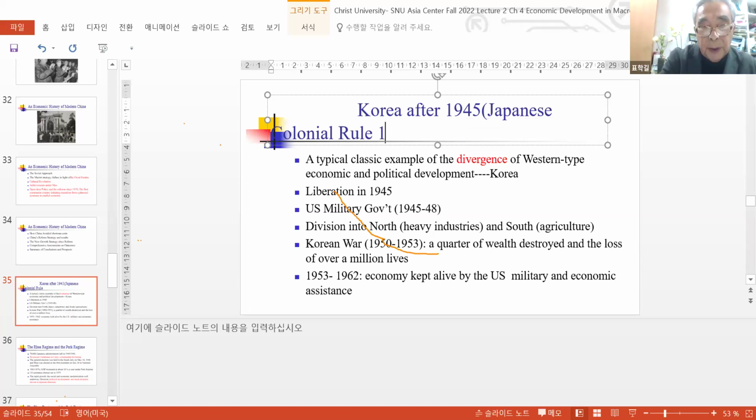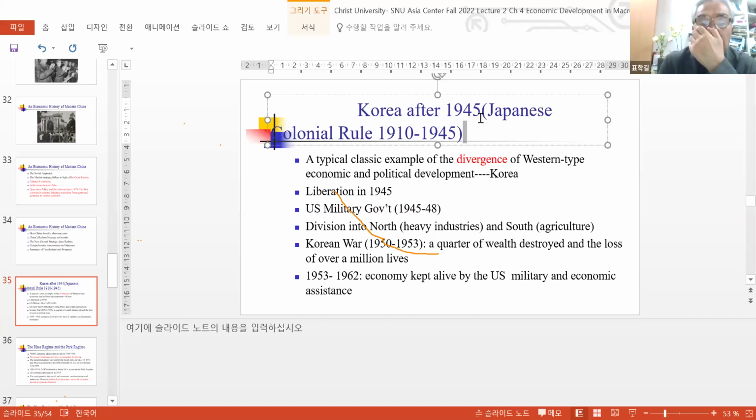from 1910 to 1945. Only after Japan was defeated in World War II in 1945 did Korea become an independent nation, gaining liberation and independence.